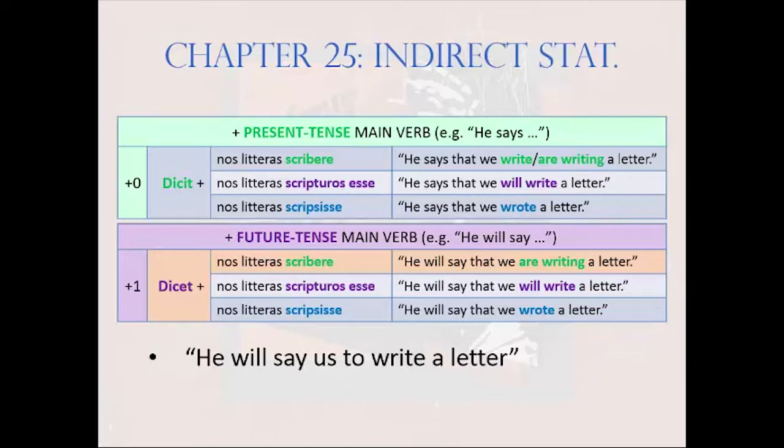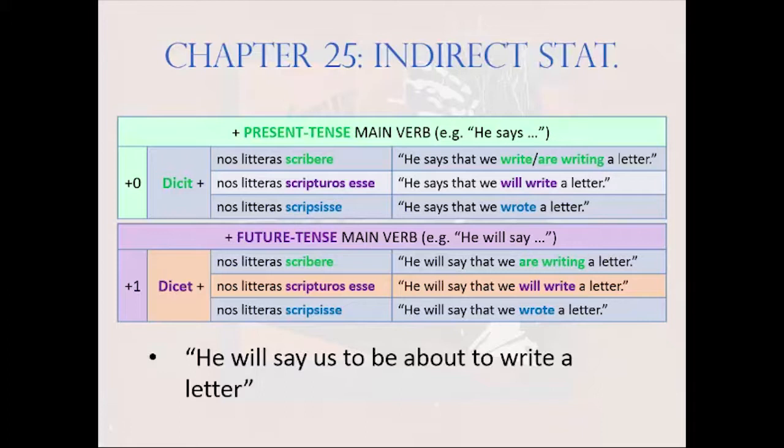Back to the chart. With a future infinitive, dicet nos litteras scripturos esse, literally, he will say us to be about to write a letter. In idiomatic English, that would be, he will say that we will write a letter. That is, in the future, he will say that further ahead in the future, we'll write the letter.